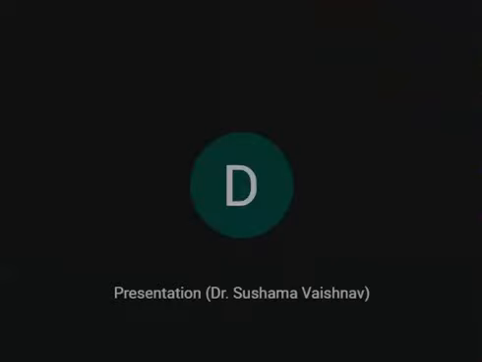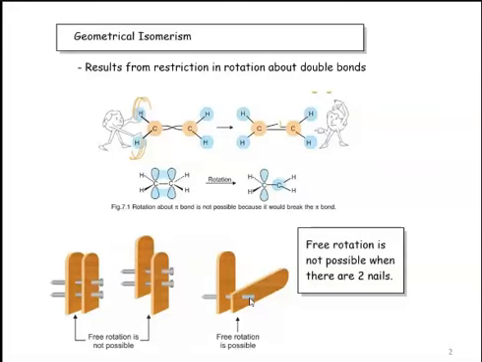Now here we can observe one ply can be freely rotated about this nail, the representation of the carbon-carbon single bond. However, if we want to rotate one of these two plies, or both of them, is it possible?